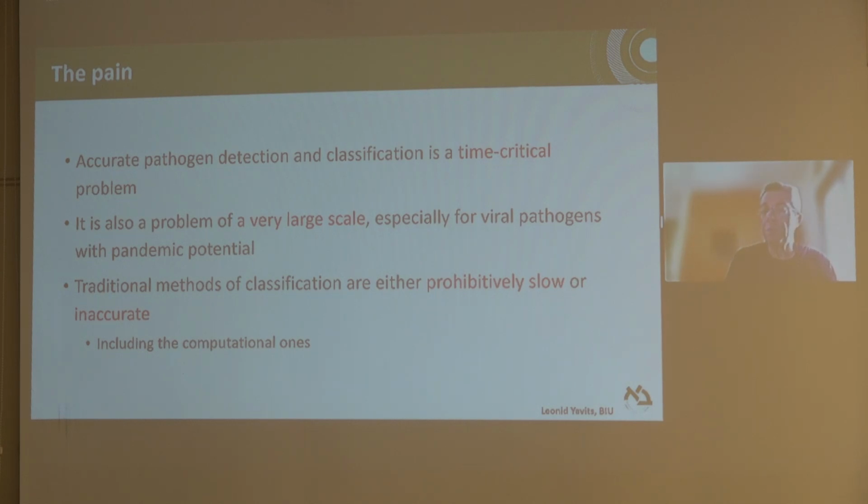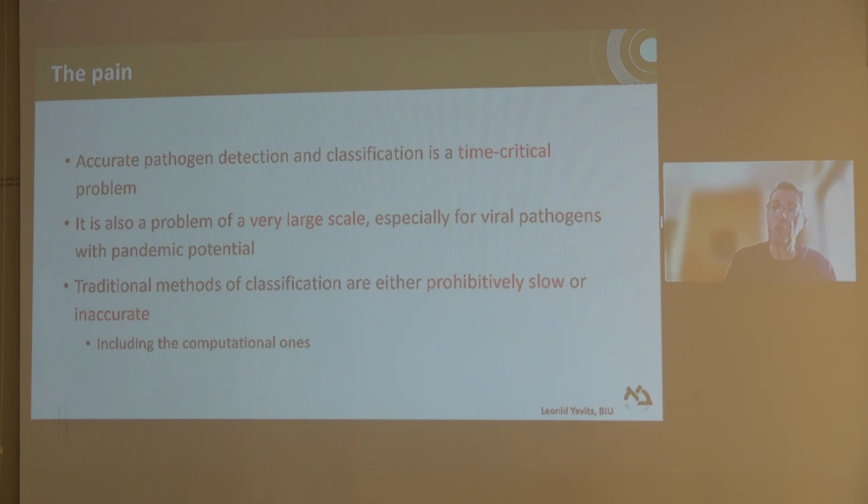It's a problem of very large scale, especially in viral pandemic, where we have tens and hundreds of millions of test samples daily, but also in bacterial pathogen, because it happens everywhere in the world, in every hospital, in every clinic, to every patient.